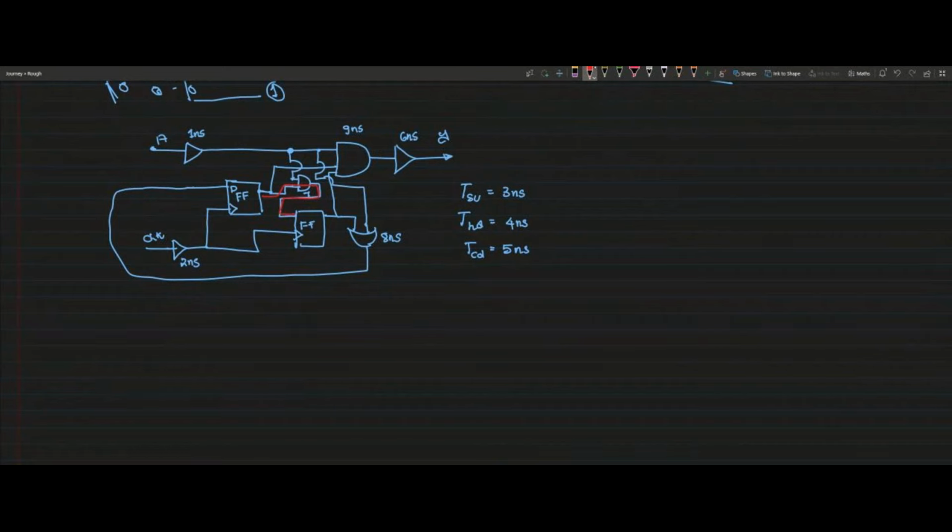And we have another path, this path. Only two flop to flop paths are there. So what is the delay of this flop to flop path? First one, can you tell me what is the delay? Is it 7 nanosecond?